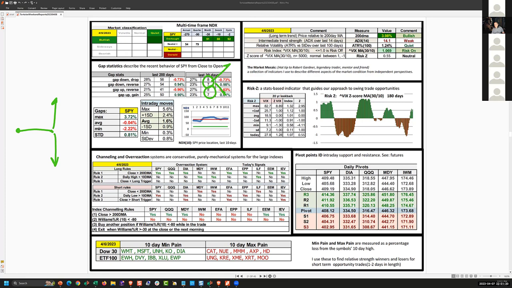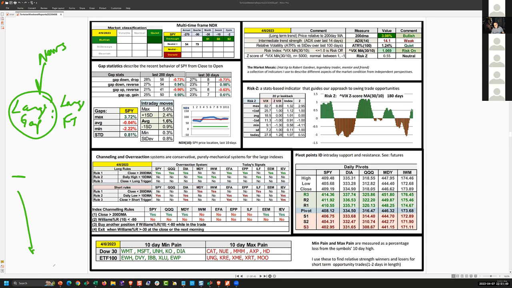But what is persistent is the idea that the larger the gap, a large gap predicts large follow-through. Why? Because a large gap means that there was a lot of news, and now some guys have to get out of that trade. Some people want to get into it and change hands.